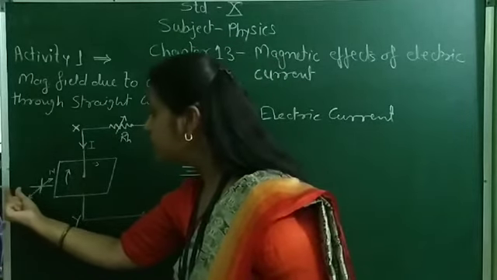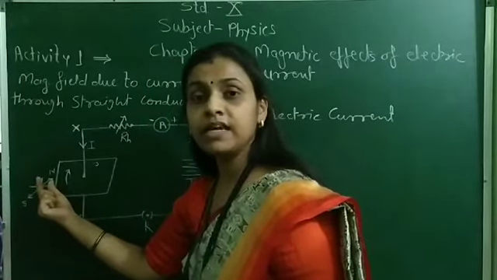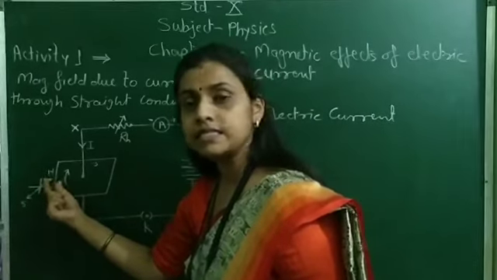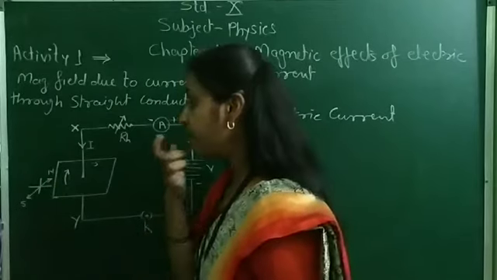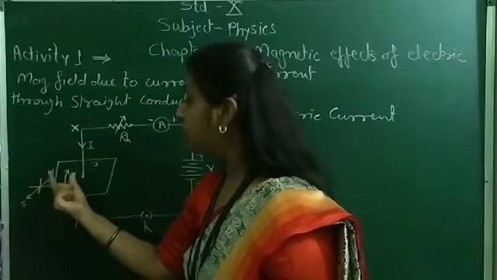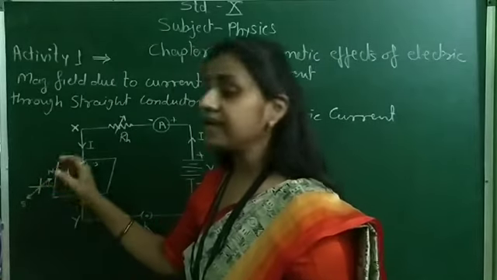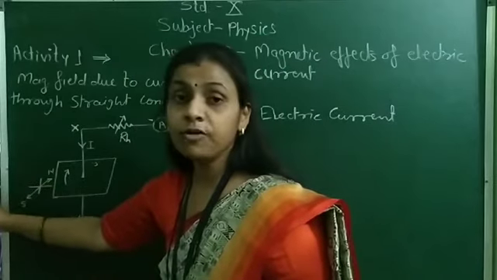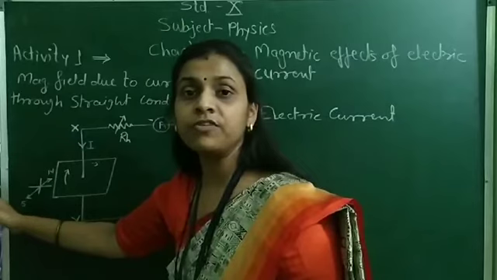If we move the needle towards the current carrying conductor, the deflection increases, meaning the magnetic field increases. So the distance also affects the magnetic field: if we increase the distance from the current carrying conductor, the magnetic field decreases.